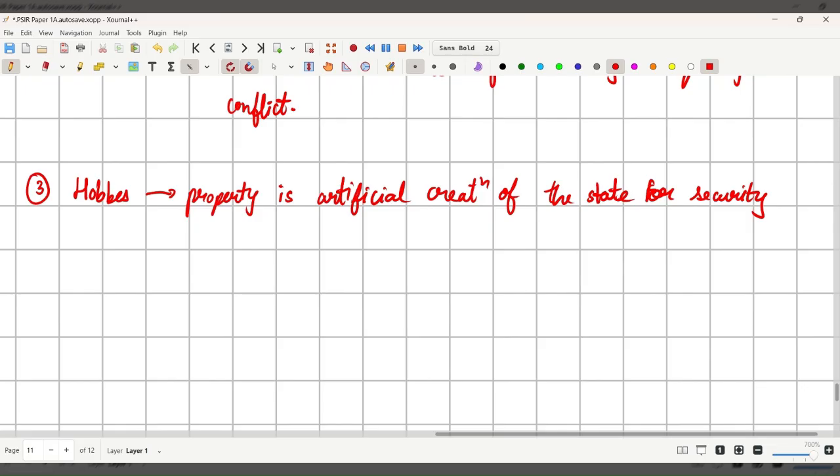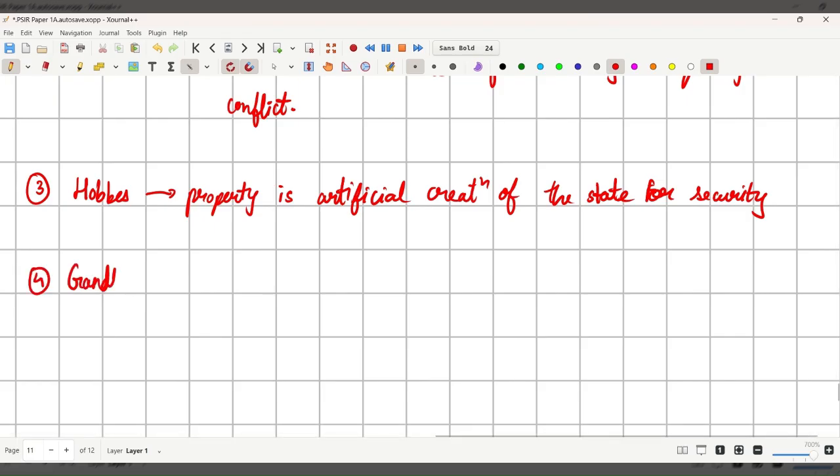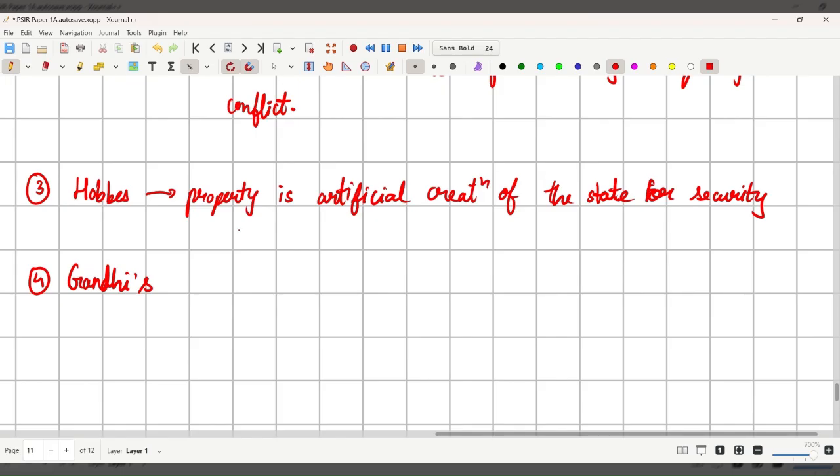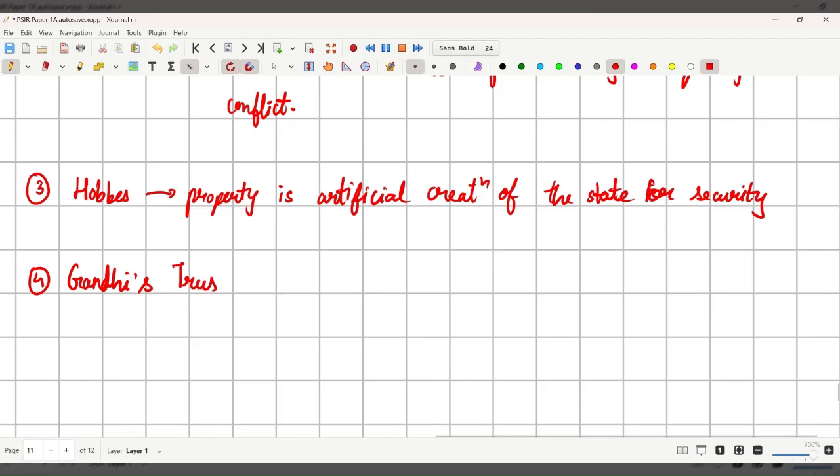Then you can also link here Gandhi's trusteeship model. So this is basically a critique.